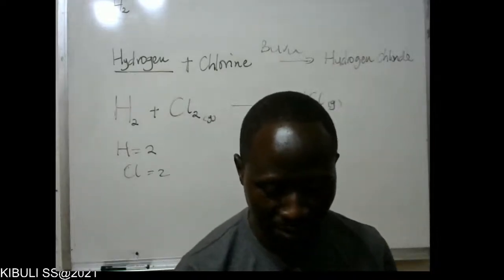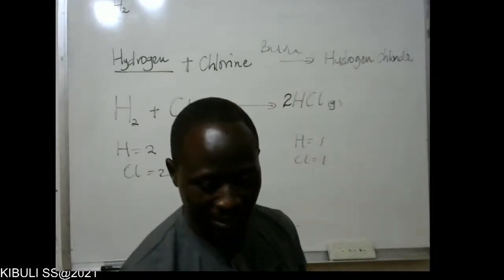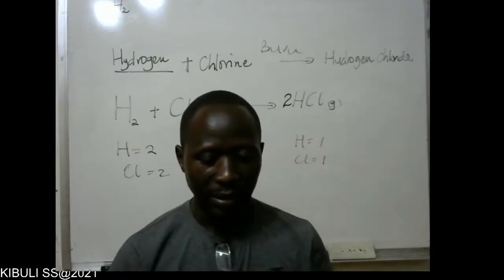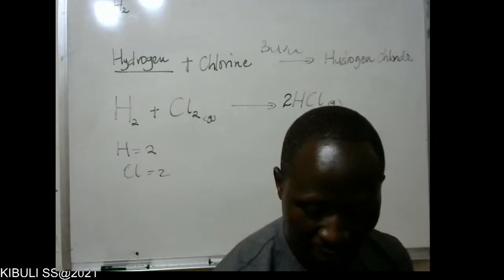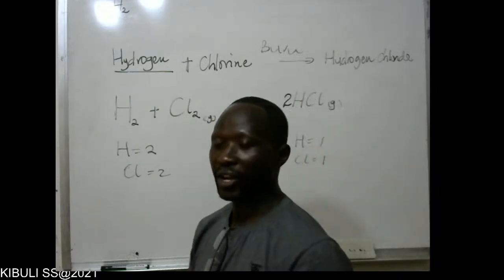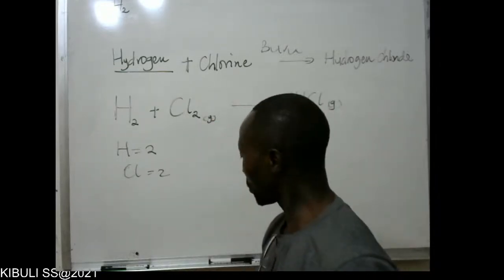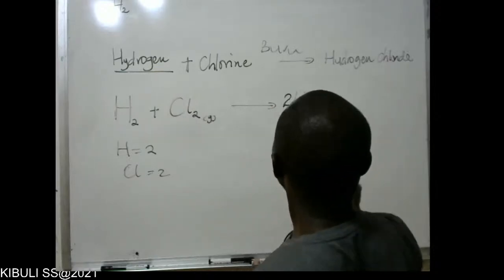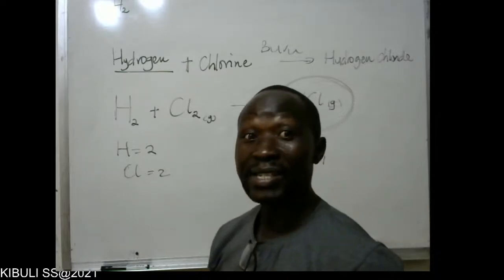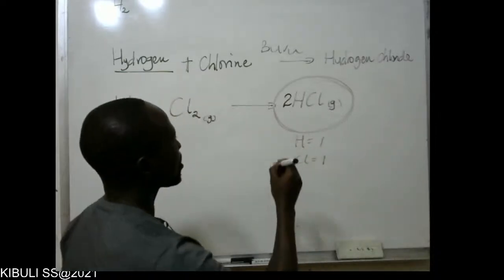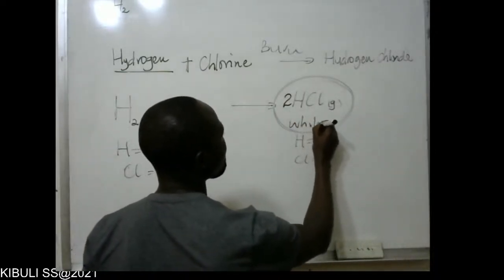Conditions for this reaction require that burning must be done. Therefore, without a source of heat, this reaction cannot take place. So hydrogen chloride, if they want to ask for an observation, is seen as white fumes.